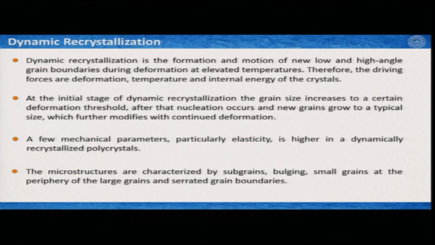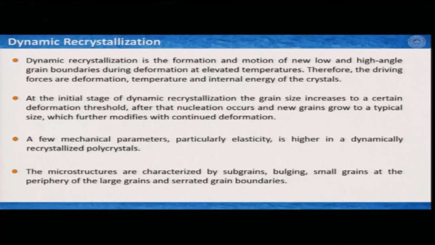Here again there are some basics, the text is written here. Dynamic recrystallization is the formation and motion of new low and high angle grain boundaries during deformation at elevated temperature. So, you can now guess, as we have discussed, that it requires deformation, temperature, and essentially internal energy of the crystals.